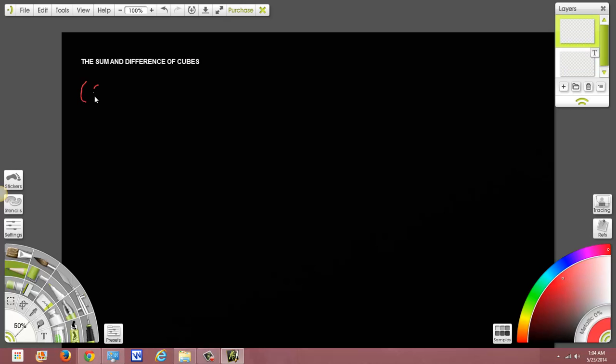Okay, so something like a cubed plus b cubed. I'm gonna explain why. This will equal a plus b times, and notice this, the same expression: a squared minus ab plus b squared.